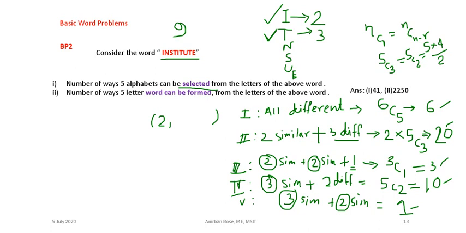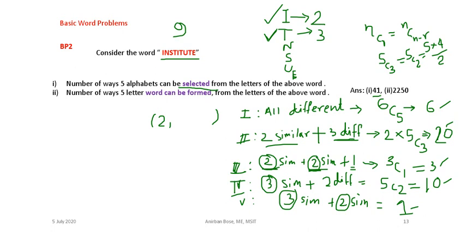Let's check once again. 2 similar, 3 different. So the answer is 41. So definitely we are making some mistake. Let's check. So 2 similar, 2 similar. Okay, here you can see one thing, the 2 similar and 2 similar, that we can take in only one way.